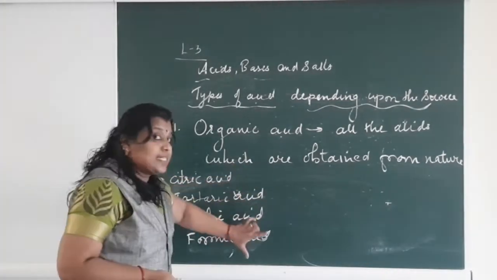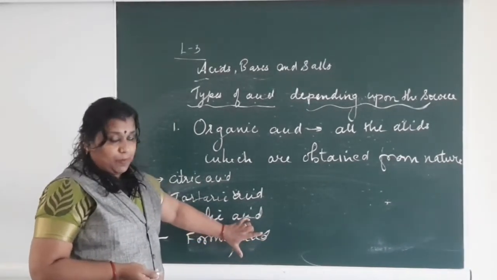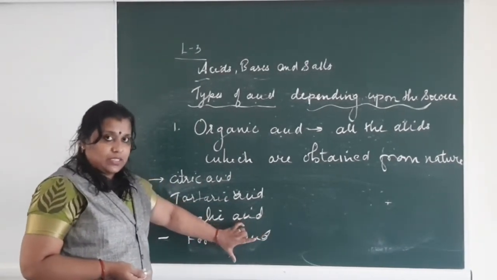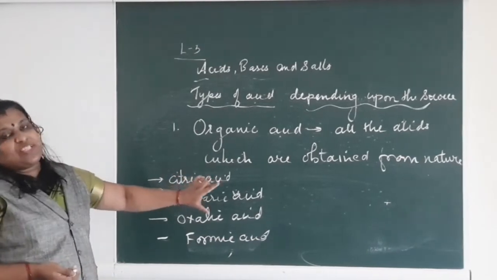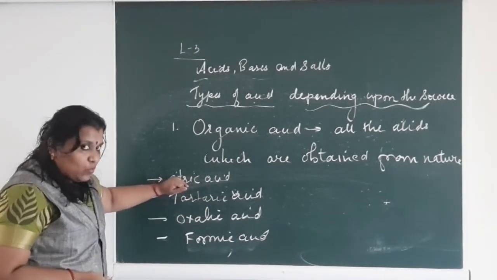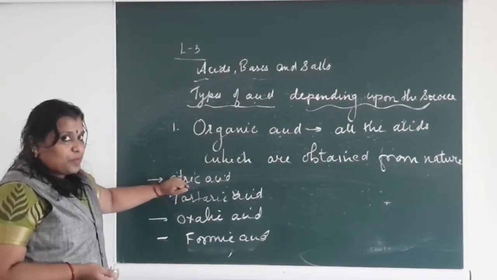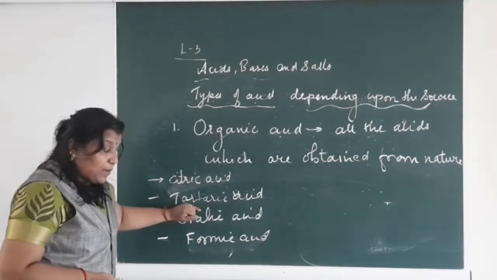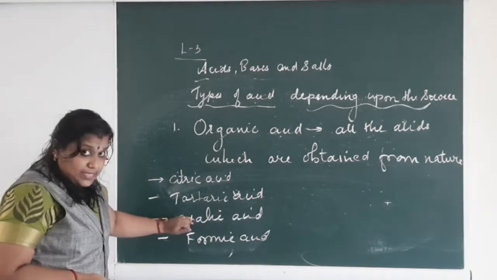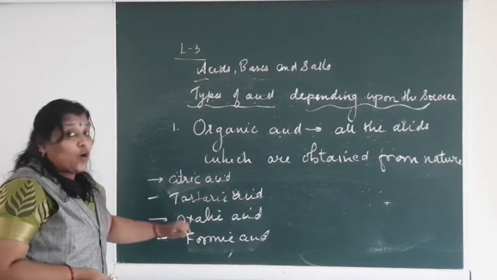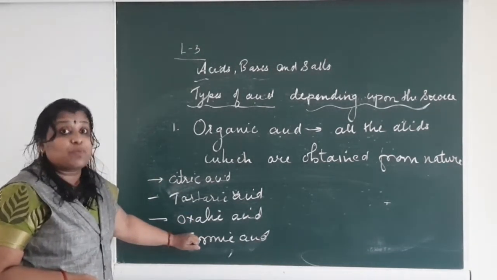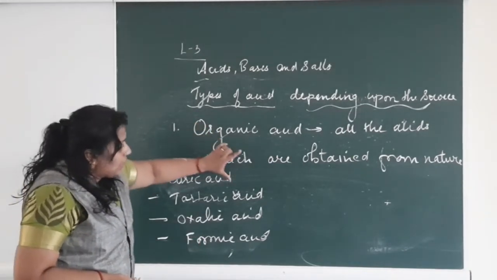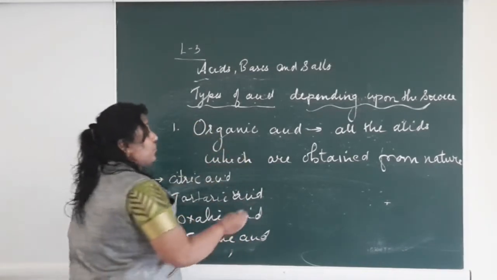These acids are obtained from the plant source or are present in nature. Citric acid is present in the citrus fruits. Tartaric acid is present in tamarind, oxalic acid is present in tomatoes, and formic acid is present in the sting of the bees. These acids are all weak acids.